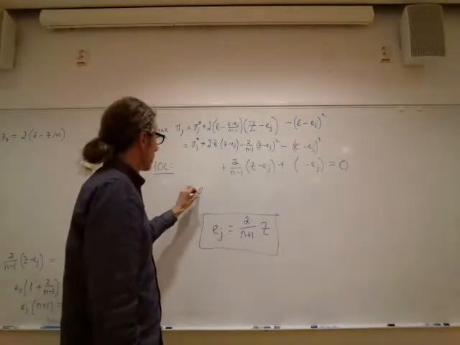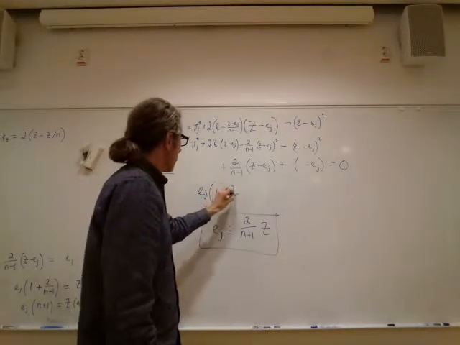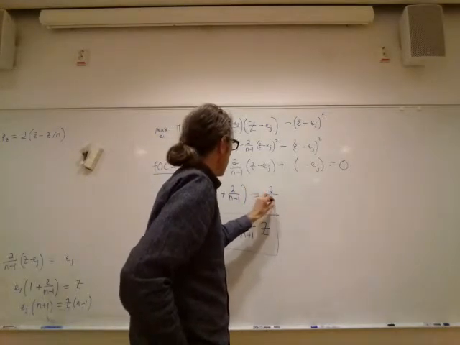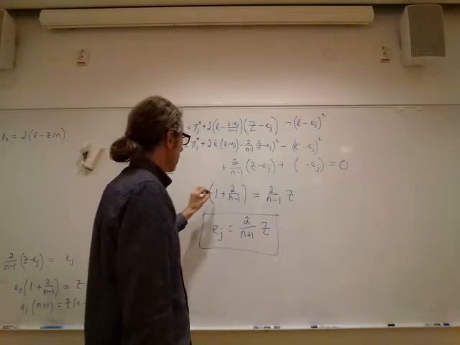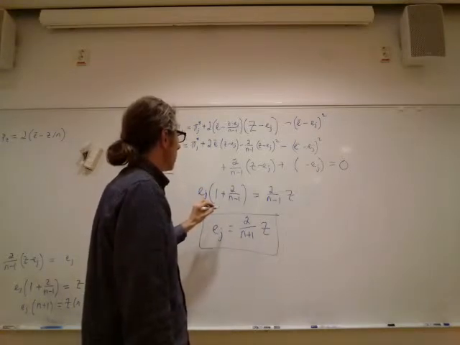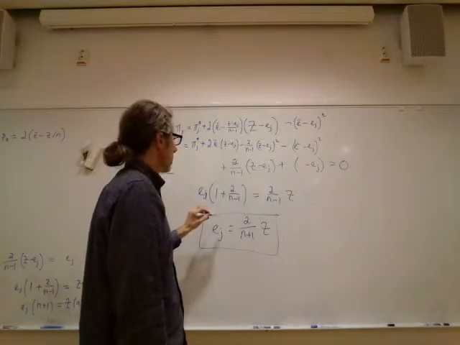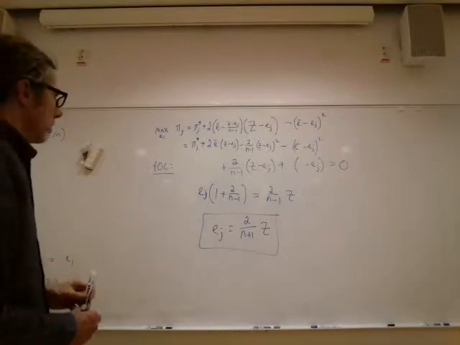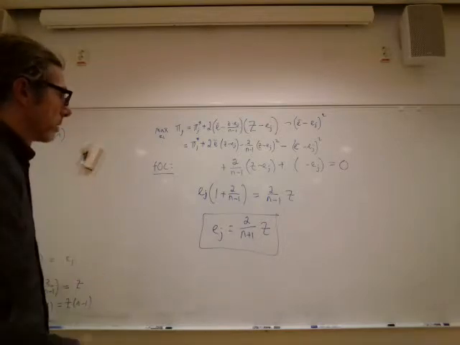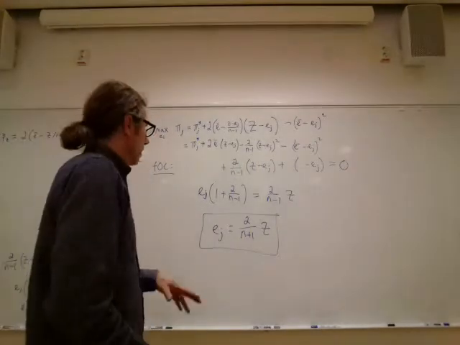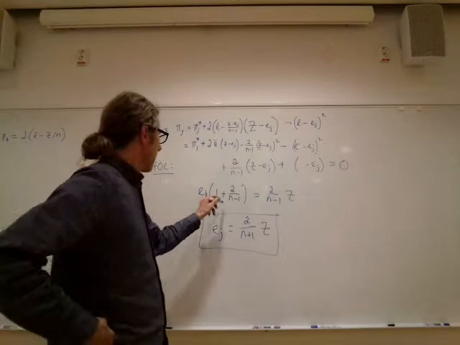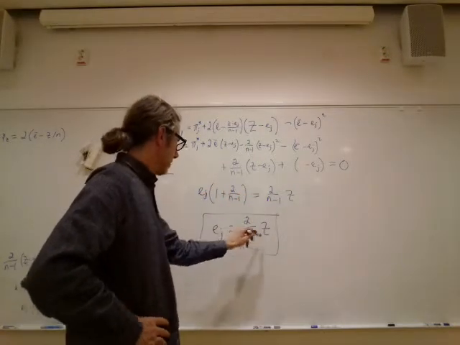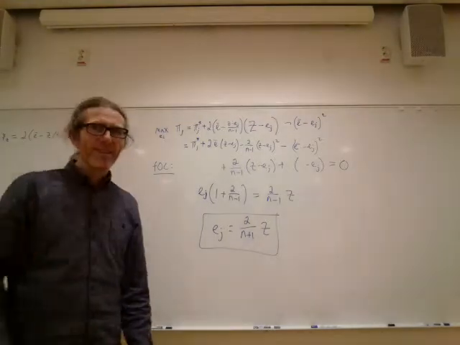Now we collect terms in Ej, so we have Ej times 1 plus 2 over n minus 1 equals 2 over n minus 1 times Z. Multiply through by n minus 1, and we have n minus 1 plus 2 is n plus 1 equals 2Z. We get exactly this, sorry. Okay.